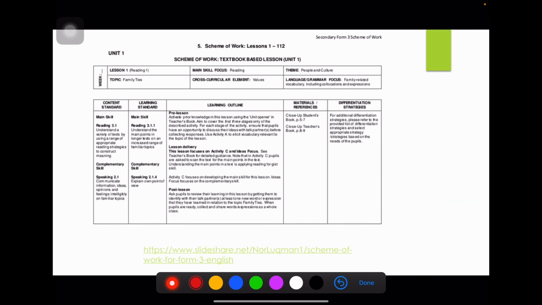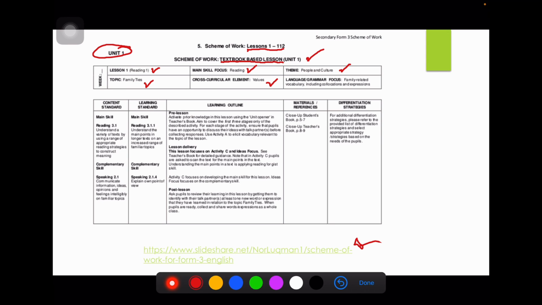The next, for this one you can check it out here if this is too small. Scheme of work, lessons 1 to 112. This is unit 1. Scheme of work, textbook based lesson, unit 1. So lesson, reading 1, topic, family ties, main skill focus is reading, cross-curricular element will be values, theme, people and culture.